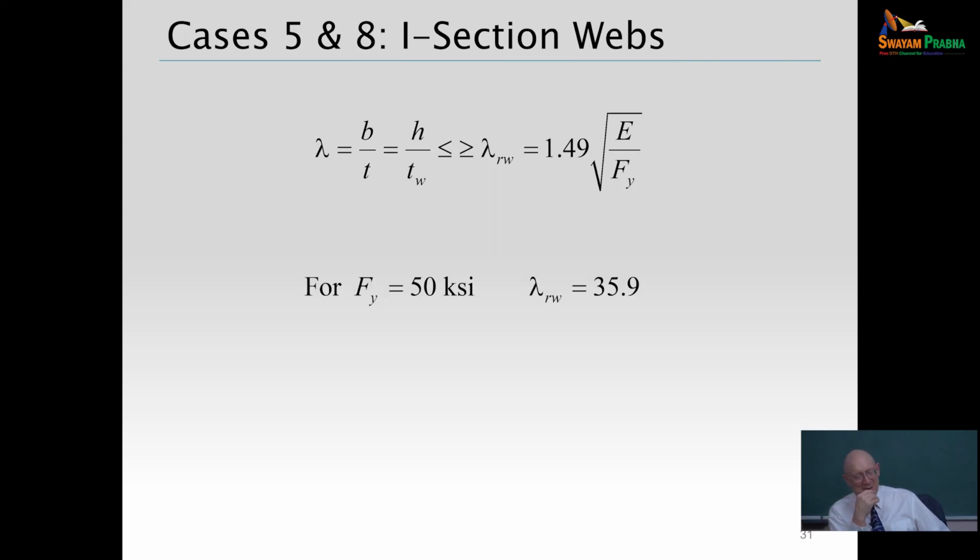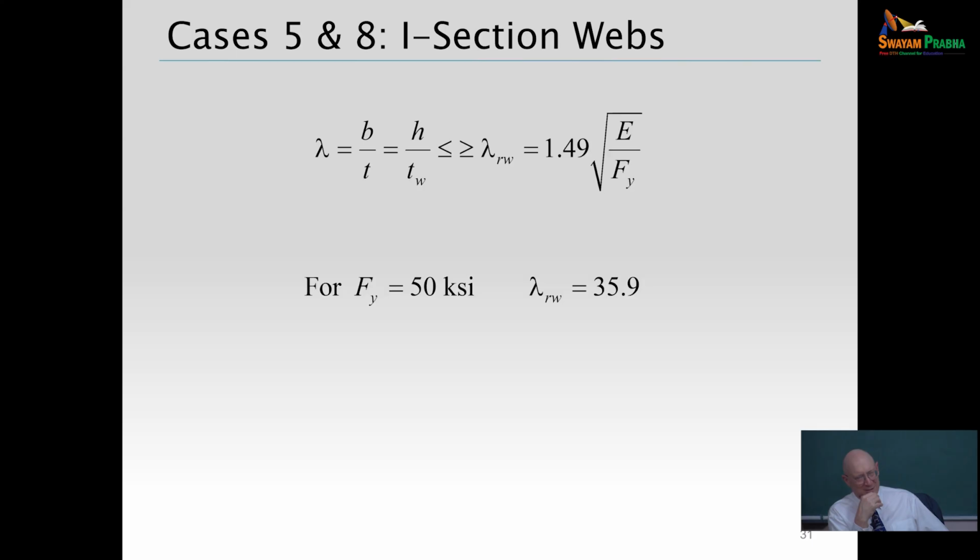Related to that, there's been a group led by Professor Lehman at the University of Washington and Professor Judy Liu at the University of Oregon, and a whole group of researchers. They've been focusing on seismic compactness for box type sections and HSS type sections, and they're bringing forward some fairly substantial changes there.